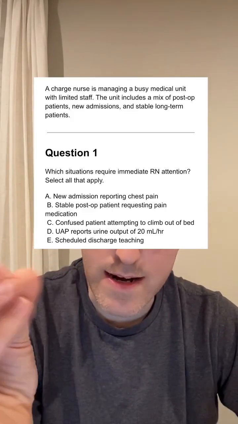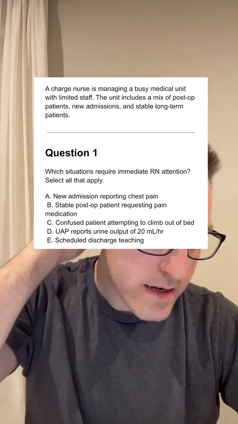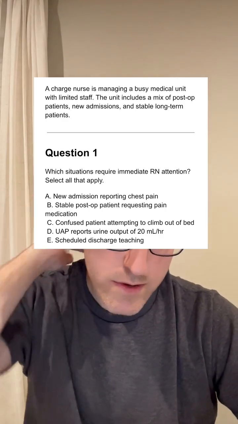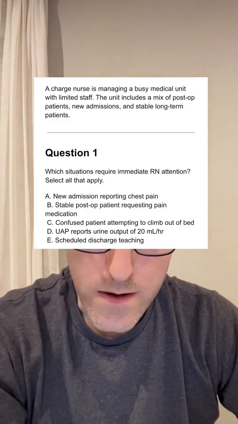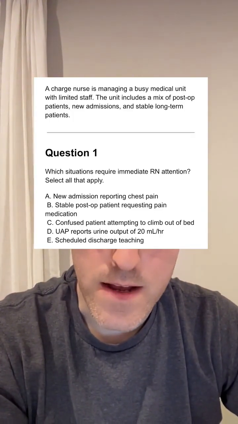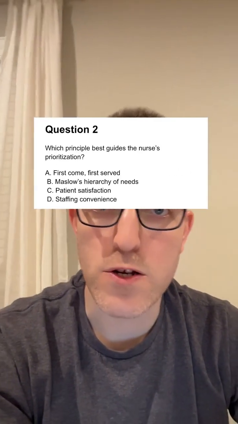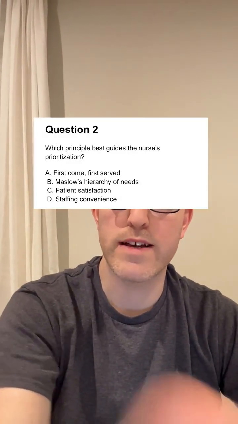Pain meds can be delegated or delayed briefly. And E, teaching can be rescheduled. So A, C, and D are the cues that we are going to recognize. Good job.